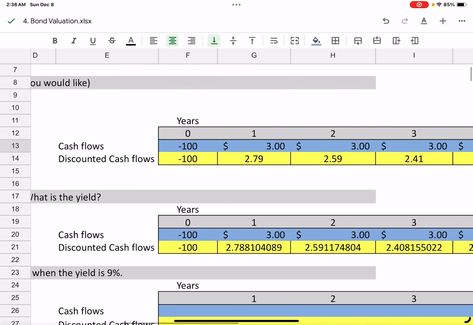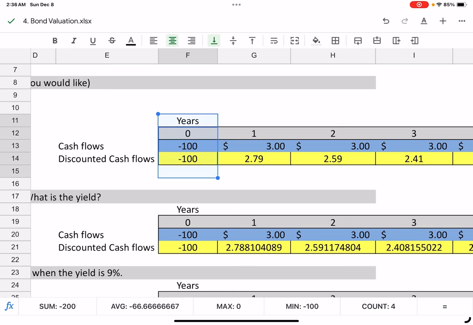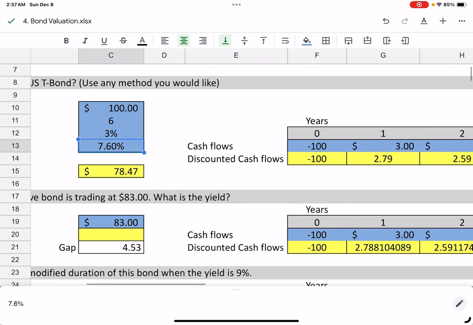We don't need to discount the 100, because we are standing at year 0. At the end of year 1 we will receive $3, but we have to discount it, because we will receive that $3 one year from now. So we will discount it using this discount rate, 7.6%.